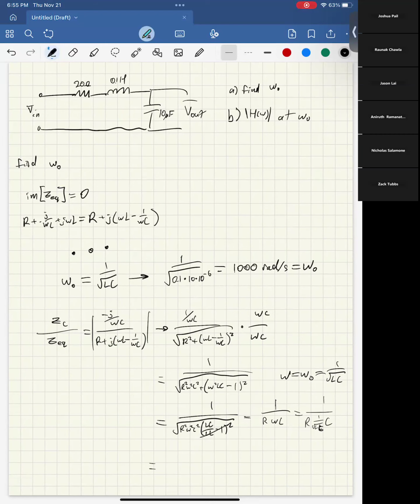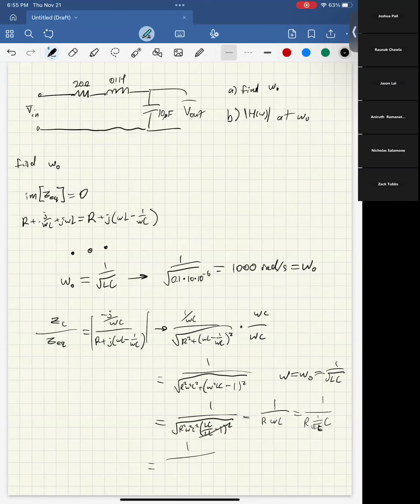So here R is 20. This is 1 over, we did this earlier, so we already know what omega C is. So 20 times 1000 times 10 times 10 to the negative 6, which gets you 5 as your final answer. So that was kind of way too much algebra.